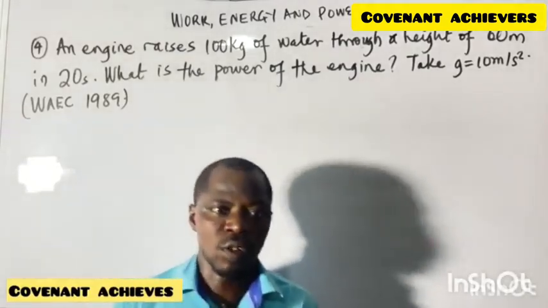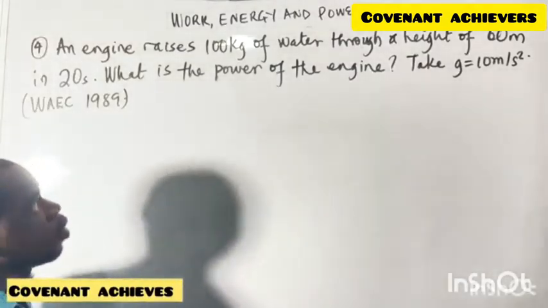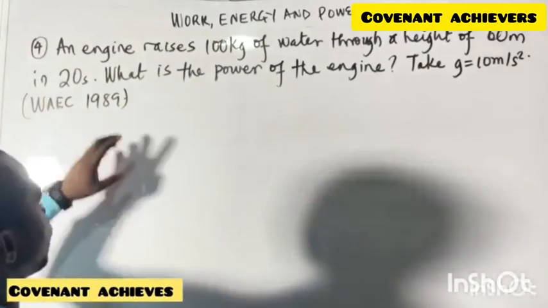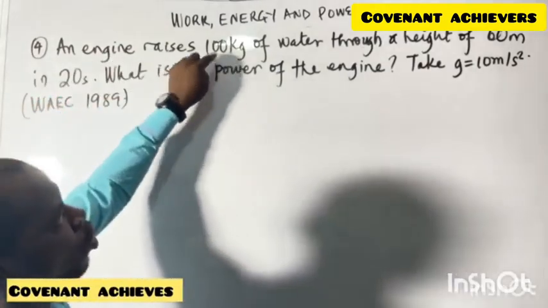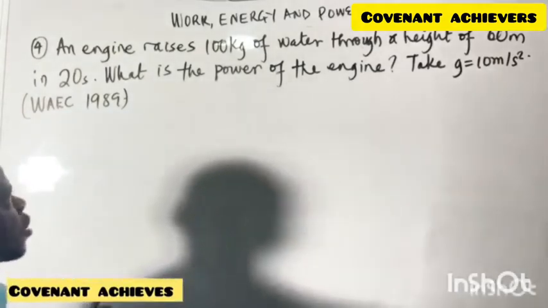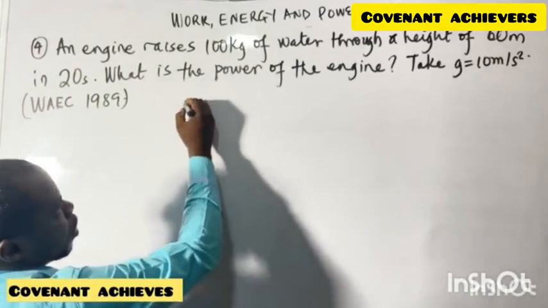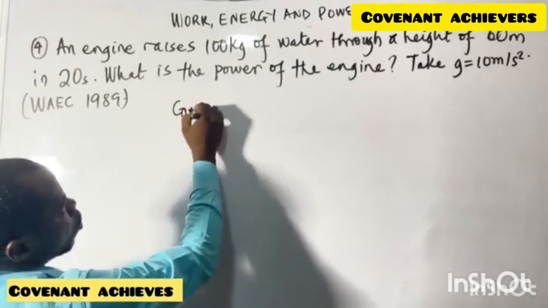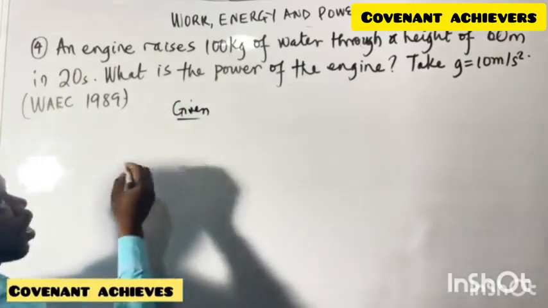We have this question as well. This is question number 4. Here we have an engine that raises 100 kilograms of water through a height of 60 meters. Let's begin to state the parameters. What are the given parameters that we have here?